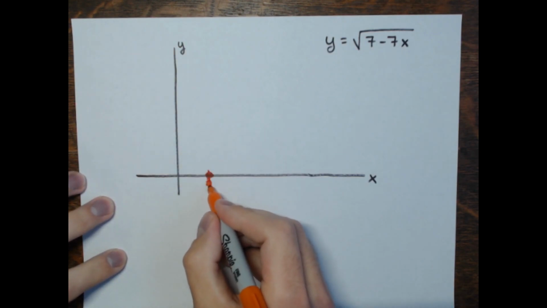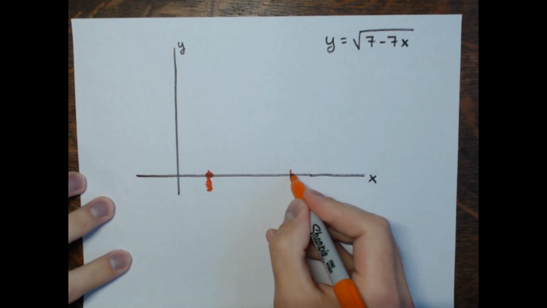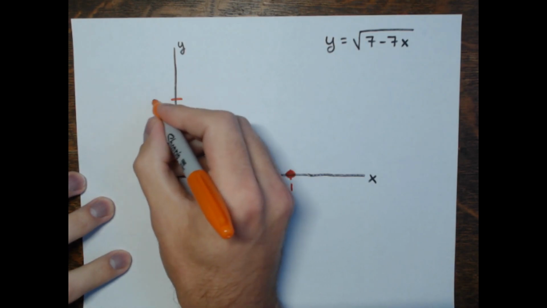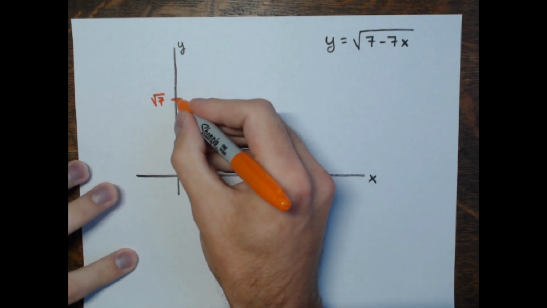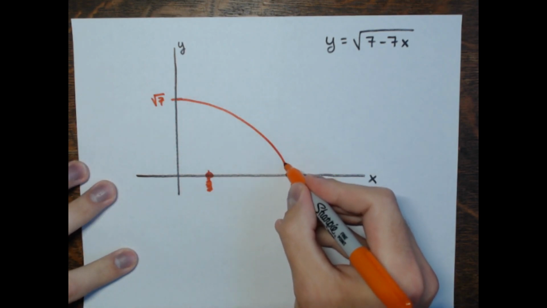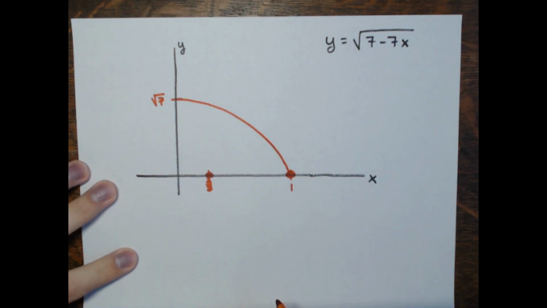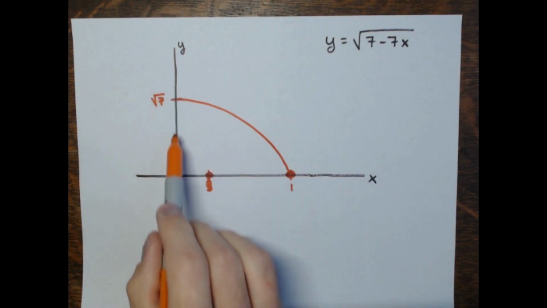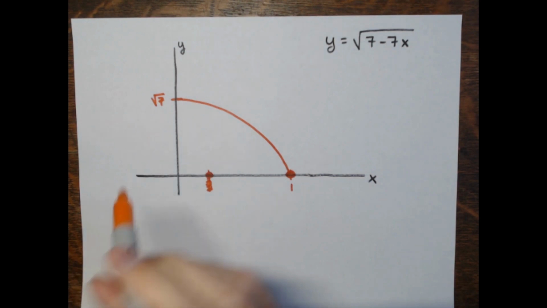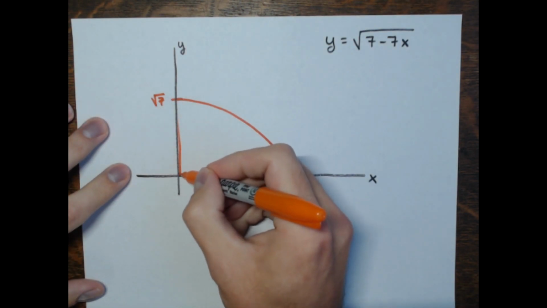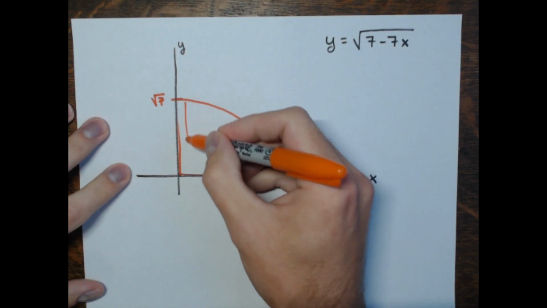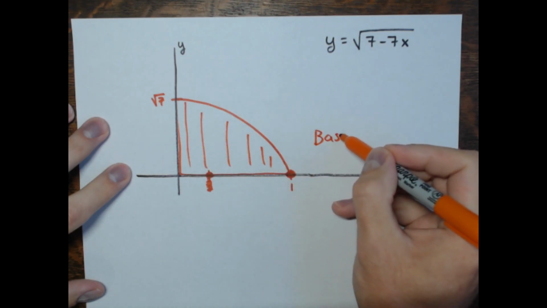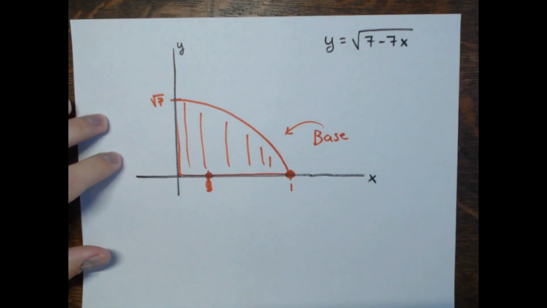Maybe I should make this bigger, sorry. It's part of a half parabola shape, part of the square root function going that way. And we're also bounded by x equals 0 and the x-axis. So the base is this region here.